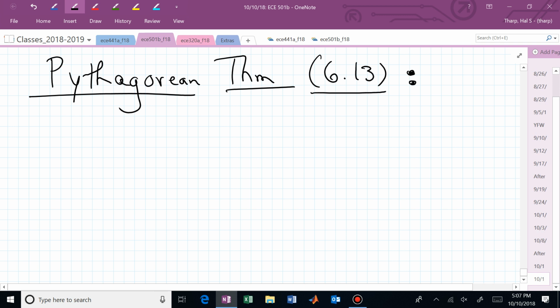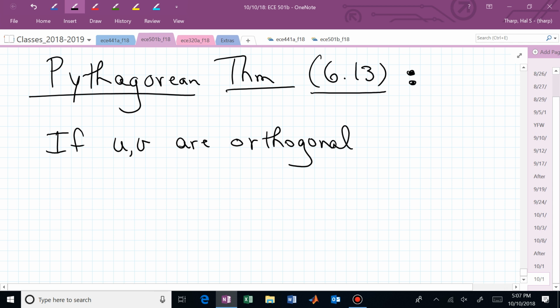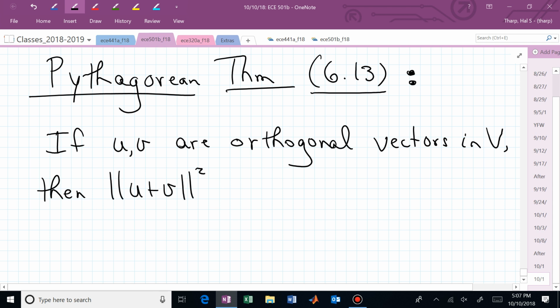So the Pythagorean Theorem. If u and v are orthogonal, and now we know what that means. If u and v are orthogonal vectors in our vector space V, then if we look at the square of the norm of u plus v, that's equal to the sum of the square of u's norm plus the square of v's norm.